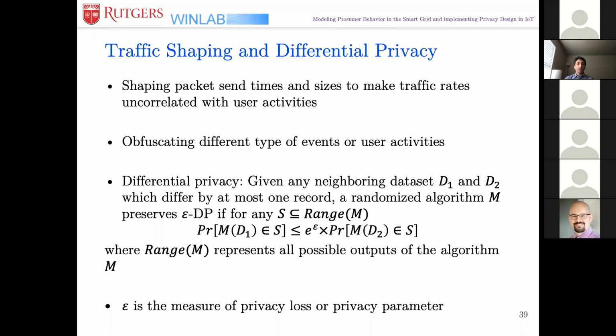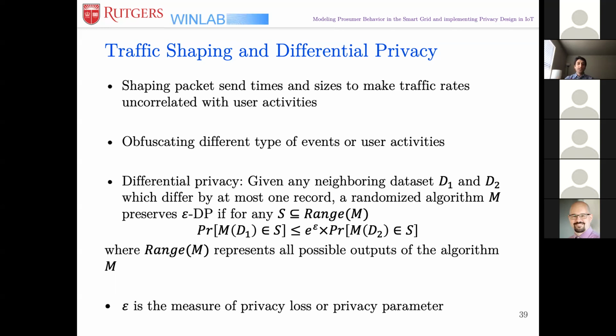So our algorithm or mechanism M gives epsilon differential privacy if for all pairs of adjacent data sets, D1 and D2, and every possible output event, S, the probability that we see S when the data set is D1 is at most e to the epsilon times the probability that we see S when the data set is D2.